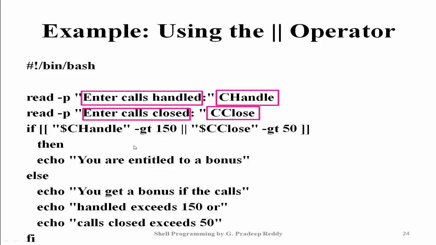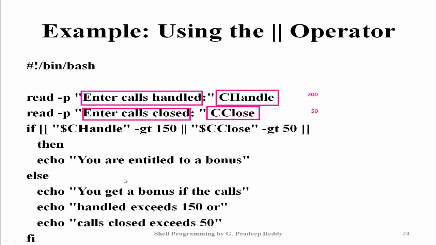Here you are going to check whatever C handle value you have entered. For example, you have entered a C handle as 200. Next, you have entered calls closed as 50. But you have the remaining 150 pending.